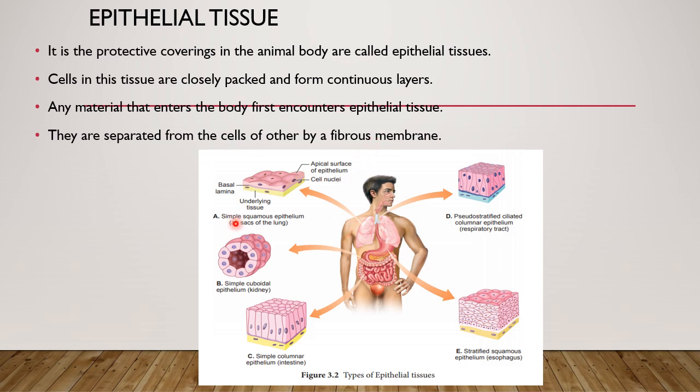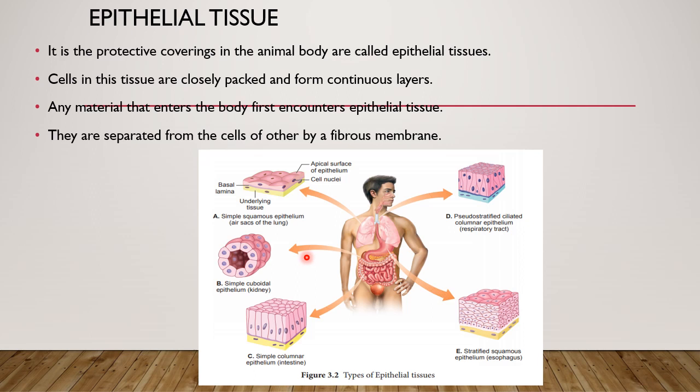See where all they are present. They are present at the air sacs of the lung because it requires protection. They are present in the respiratory tract, in the kidneys, in the intestine, and in the esophagus. Depending upon where they are present, there are also different types of epithelial tissues, but right now we need not learn about them in detail.